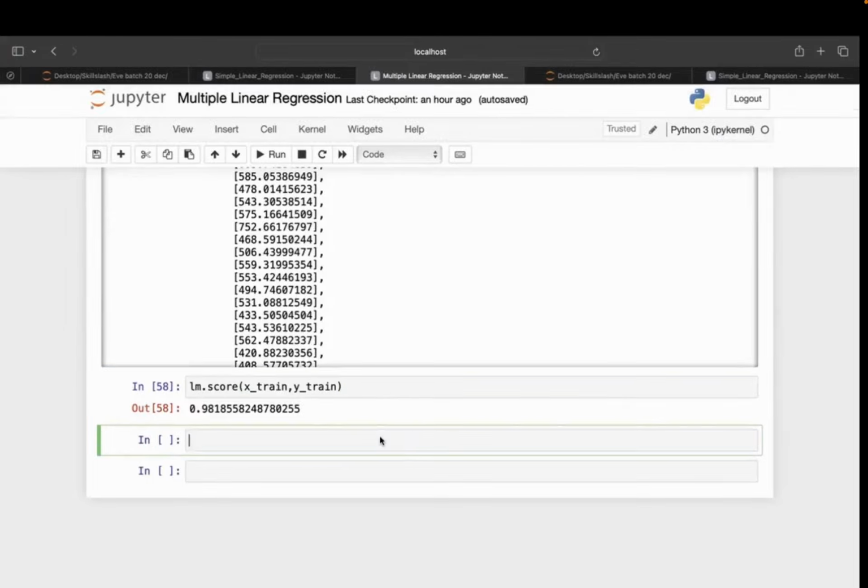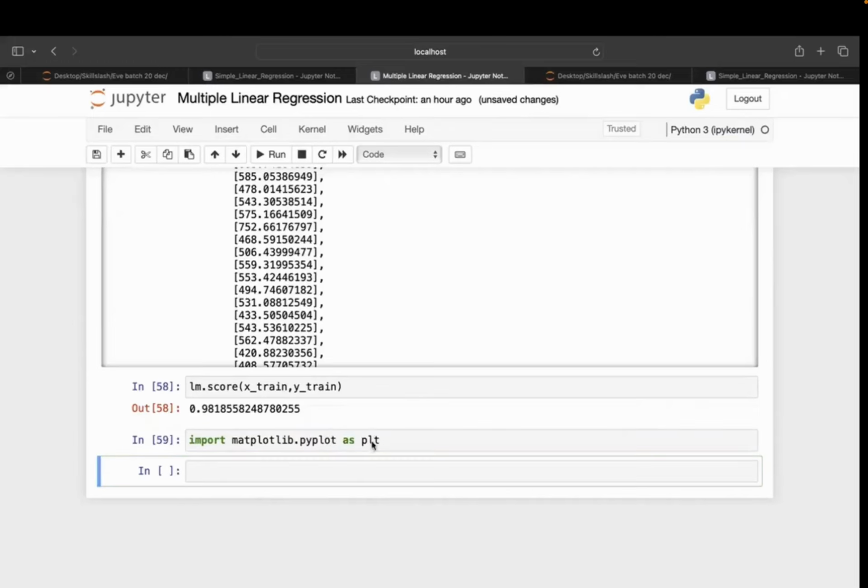Okay. So for the creation of the best fit line, guys, we need matplotlib, right? So import matplotlib dot pyplot as plt. plt dot scatter. I'm going to mention X train and Y train there.